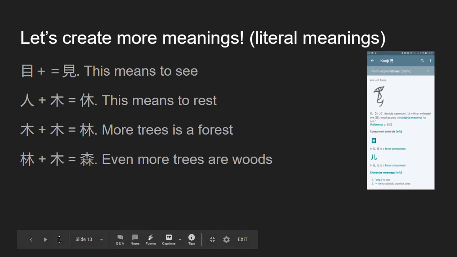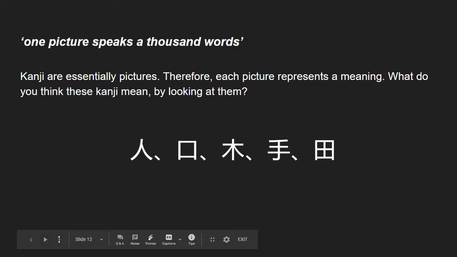But yeah, if there's no other questions, then I will go on to my section, which I just skipped: kanji etymology. So essentially kanji is pictures. Each picture has a meaning. In some kanji the meaning is lost, but with these 5 kanji in particular, the meaning is still there.